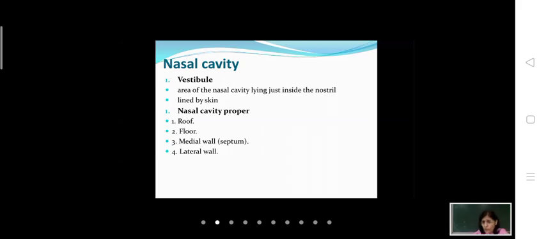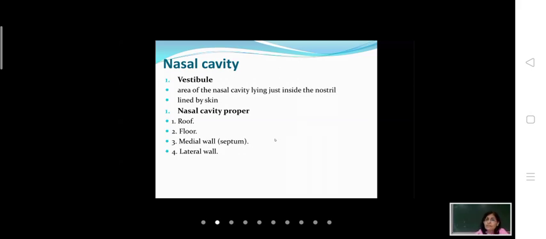Okay. Now, the nasal cavity, also called the internal nose, is divided by the median septum into two halves. So we have two nasal cavities, right nasal cavity and left nasal cavity, which are separated by a median septum, also called nasal septum.